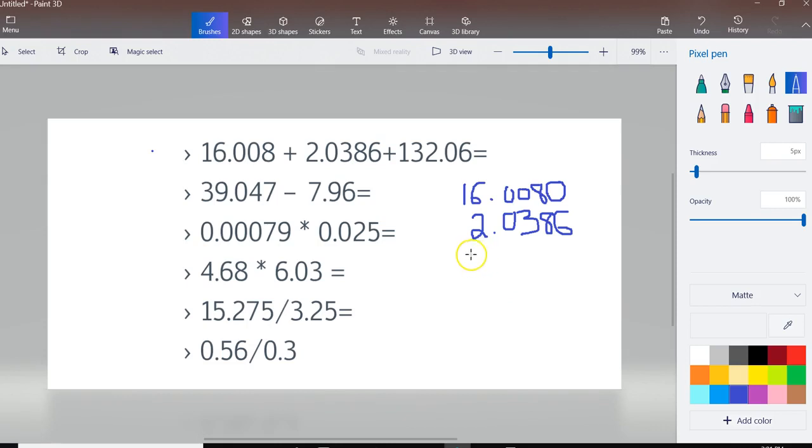And then finally, 132.06 will go here, 132. Remember to align the decimal point, 0, 6. If you want, so we don't get confused, we can always add a couple of zeros here just as place value. Remember, we're doing addition.